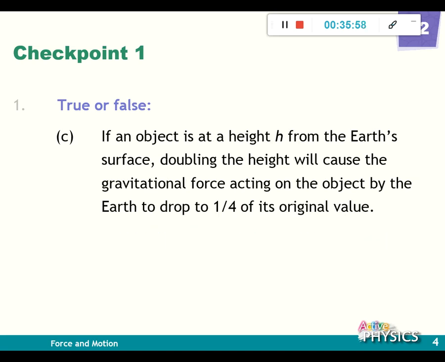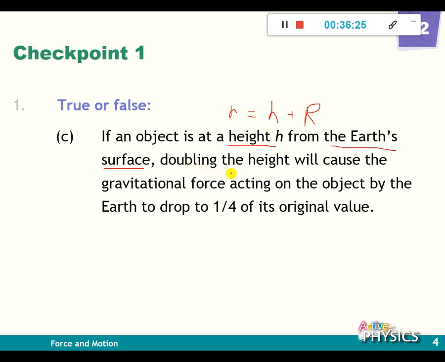Part C, if an object is at a height h from the Earth's surface, pay attention, especially in examination, this one, h from the Earth's surface. This h is not r. Okay, pay attention, h is not r. R should be h plus the radius of the Earth. Okay, pay attention to it.